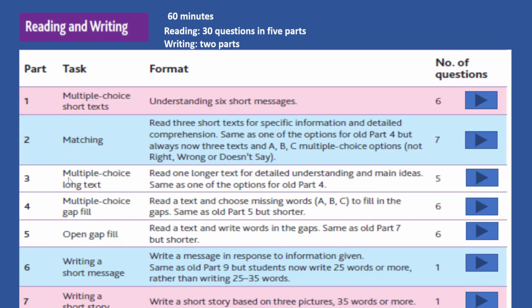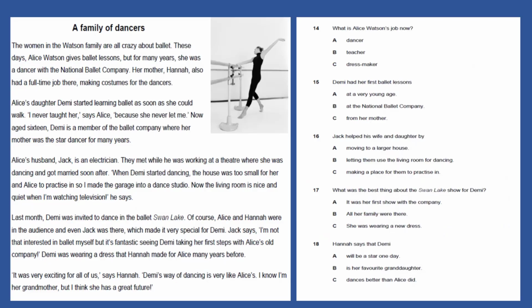Part 3, it is a multiple choice long text. Here students are given a long text, which they are going to read for detailed understanding and main ideas. Same as one of the options for old part 4. Let's see an example. Here we have a long text and multiple choice questions.